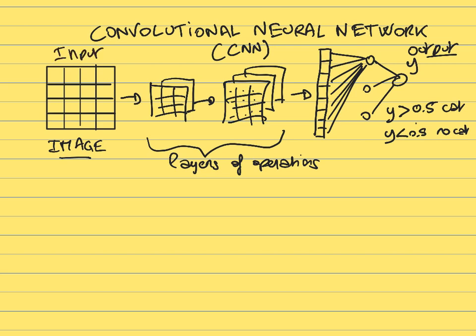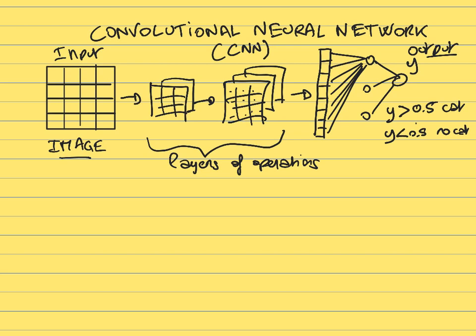Then at the end, you will just feed all those values into a fully connected neural network, which will combine those different patterns that have been found within the image and combine them in a nonlinear way, just like a conventional artificial neural network is doing, and then give you at the end a prediction y, an output y that will tell you whether the cat is here.